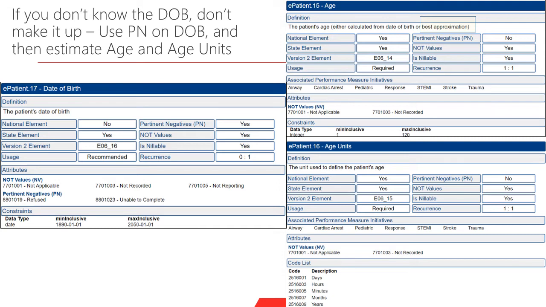But in that case, if you don't know the patient's date of birth or they refuse to tell you, then you need to estimate age and age units, right? You've got to have both age and age units in there. Okay, so again, that's your best approximation, and it's okay if it's not perfect, but it is an approximation.